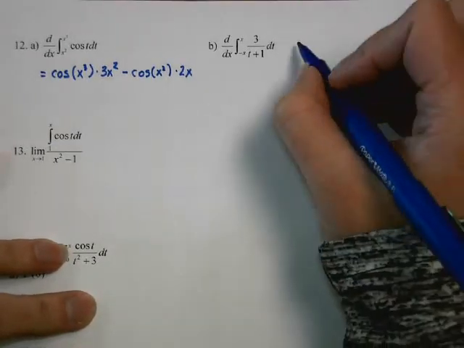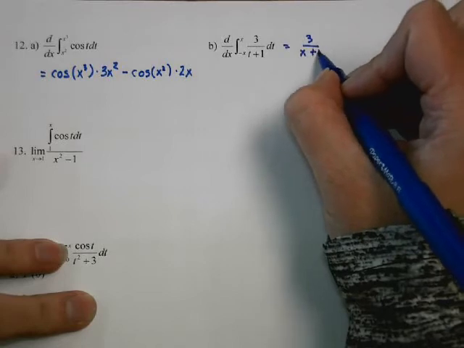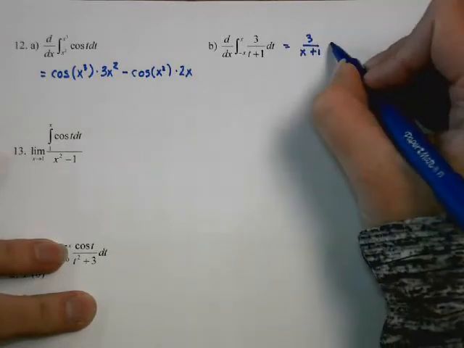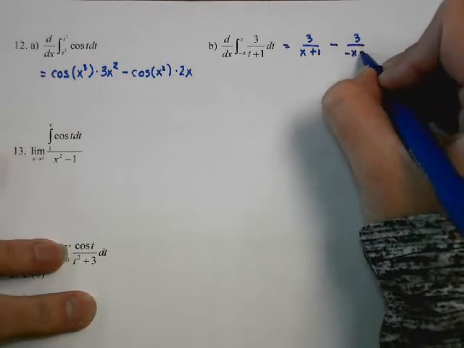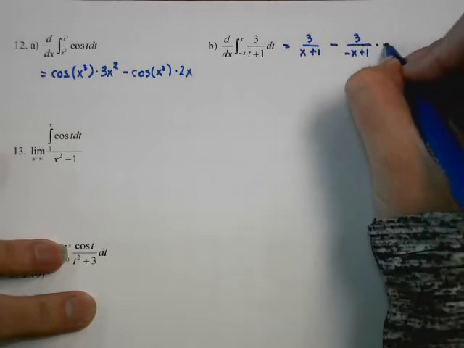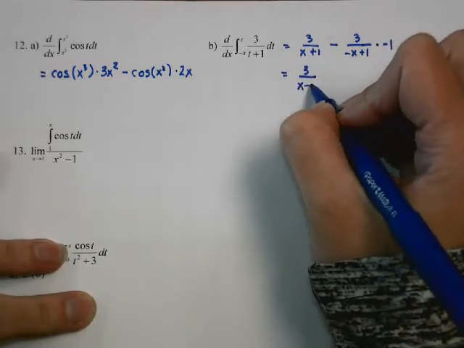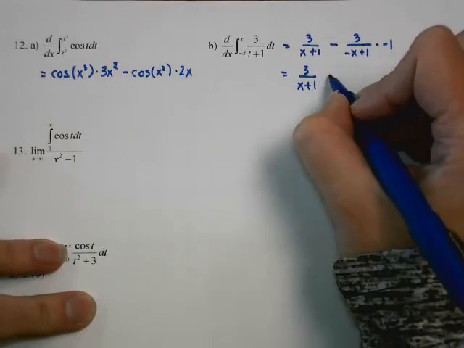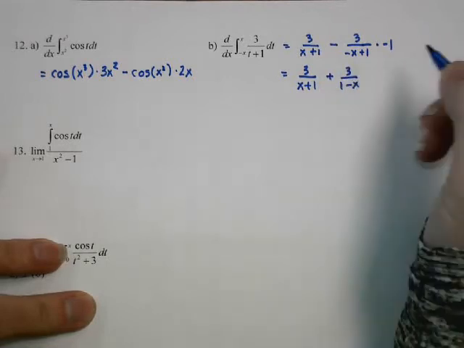Here we're going to have 3 over x plus 1 times the derivative of x, which is just 1, minus 3 over negative x plus 1 times negative 1, or 3 over x plus 1 plus 3 over 1 minus x.